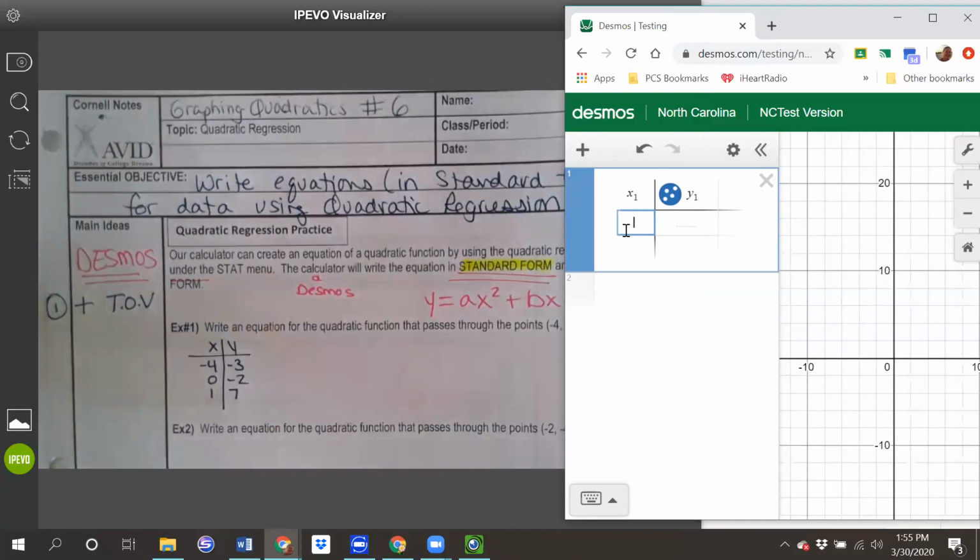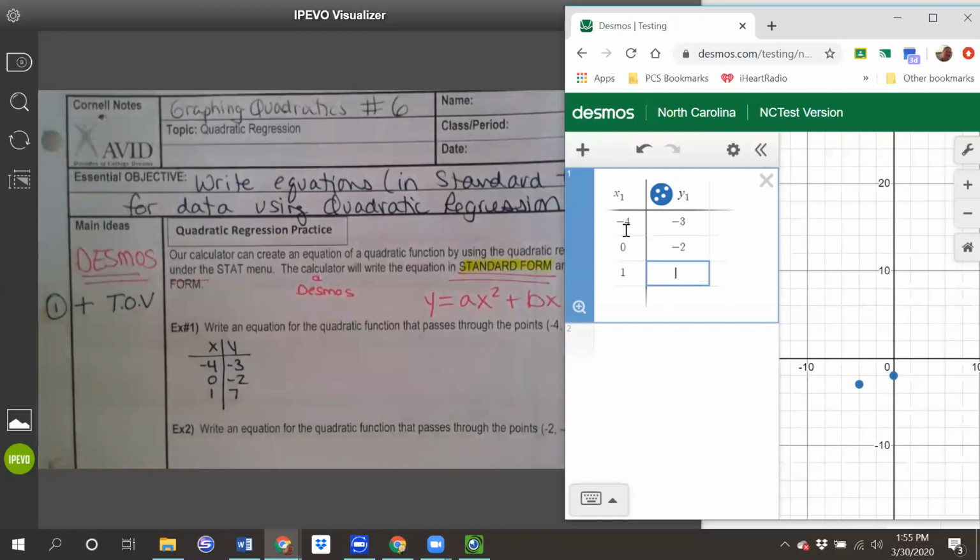Now I'm going to use my keyboard to put that table of values in like I have it written on my paper. So -4, -3, and then arrow down, 0, -2, and then arrow down, 1, 7. You can see that I have a scatter plot starting here. If you click on the dots, it will turn your scatter plot on or off. Clearly I want it on.